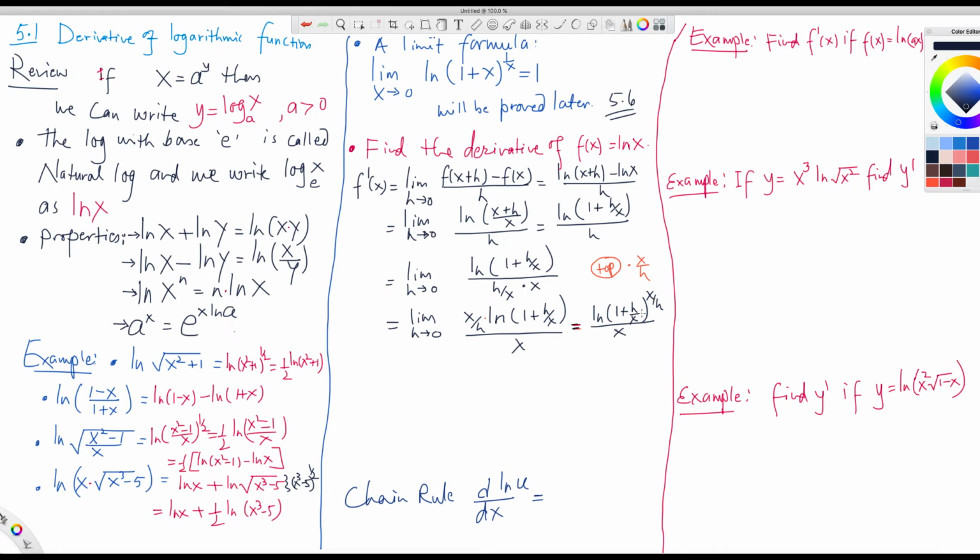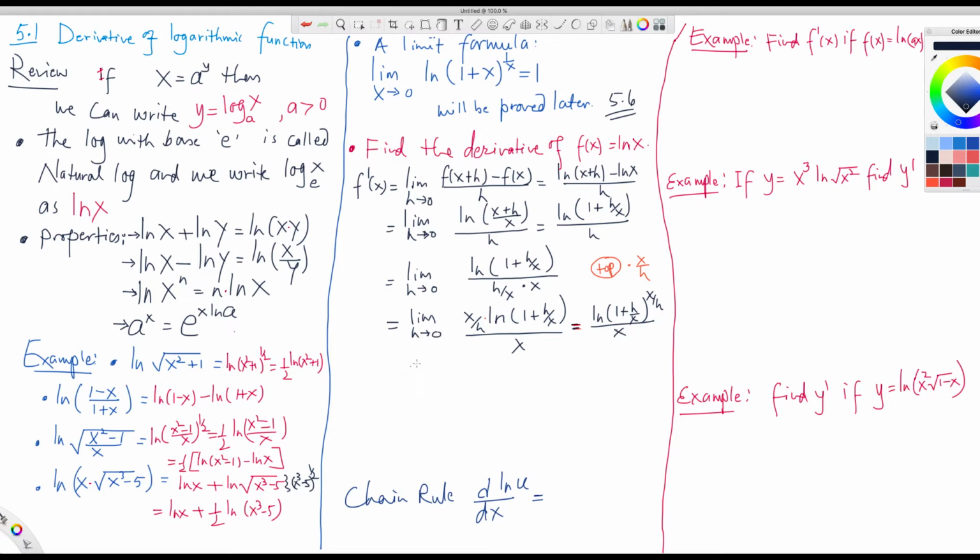So what I want to do next is, the limit is h tends to 0. So what can I write this as then? Since h tends to 0, you can divide both sides by x.